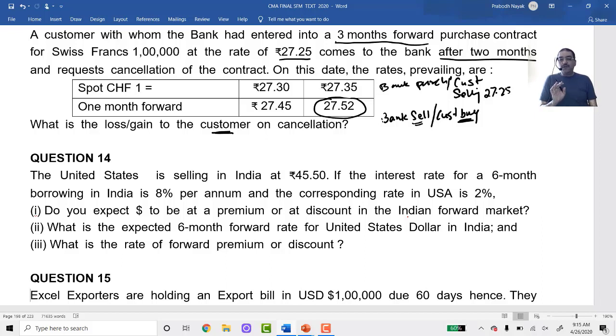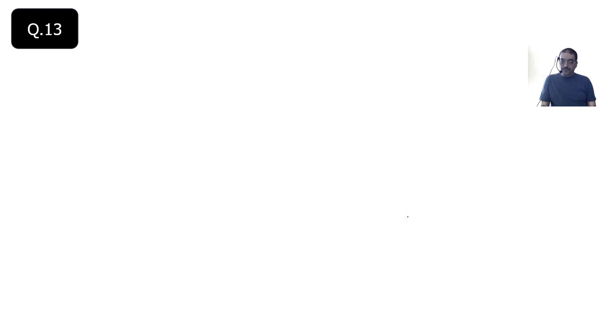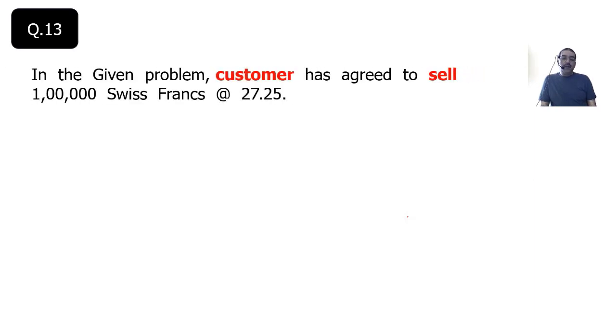Have you understood the question? First understand the question. Clear? Right. In the given problem, customer has agreed to sell 1 lakh Swiss francs at 27.25. This is from customer's point of view. From bank's point of view, bank has agreed to buy.